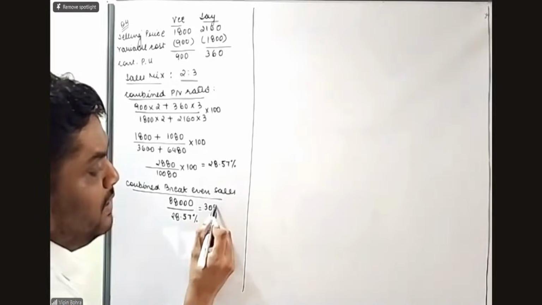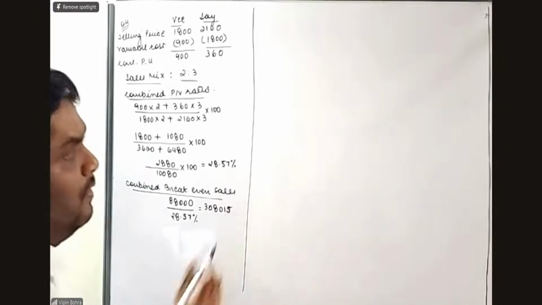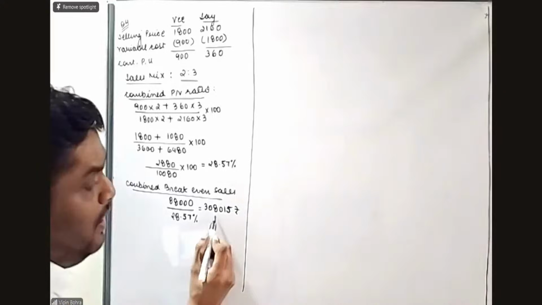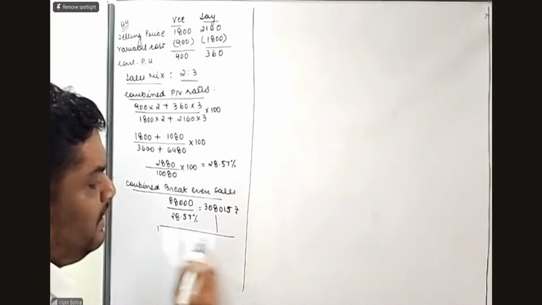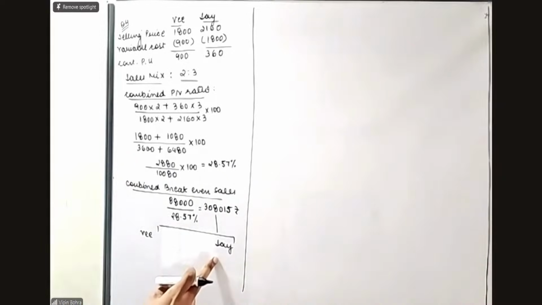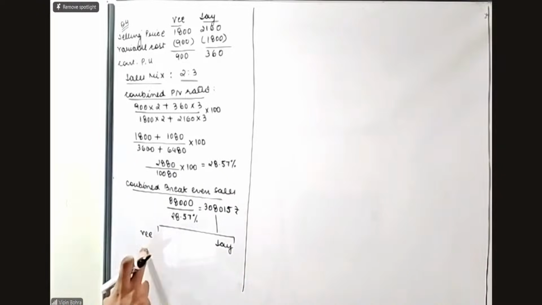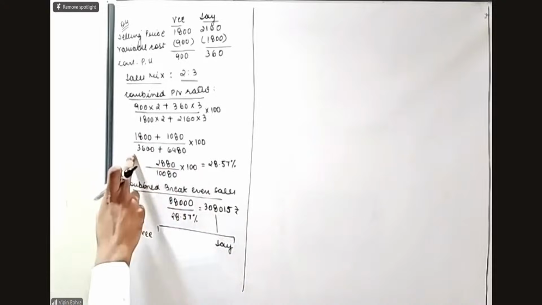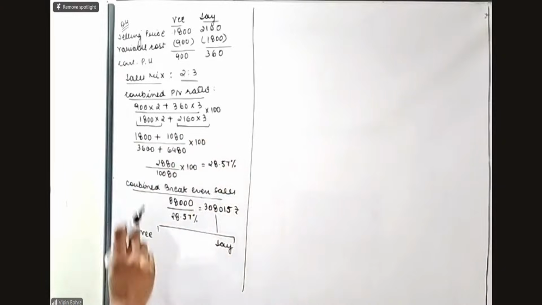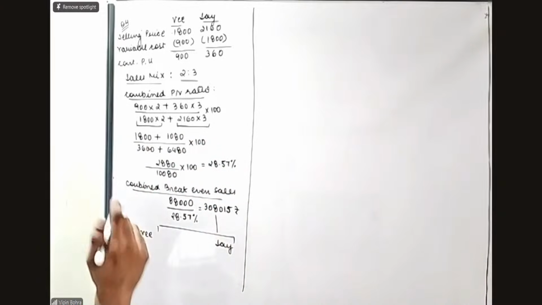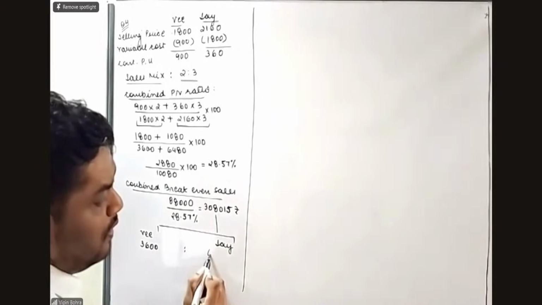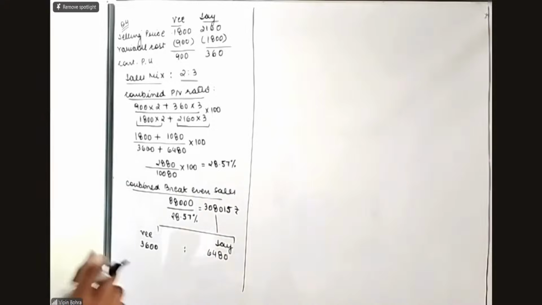So this will be 308015. This is basically my combined break-even sales in rupees. If you want to distribute it to V and J, if you want to calculate the individual break-even sales of V and J, it can be distributed in this ratio, that is 1800 into 2 plus 2160 into 3. The sales will be distributed in the sales ratio only, that is 3600 is to 6480.